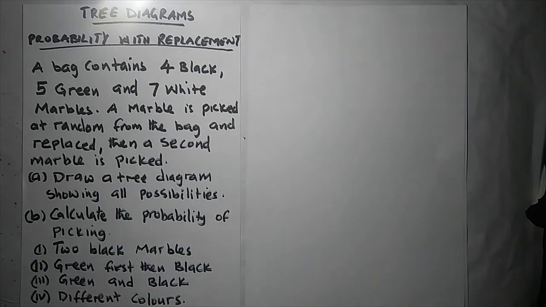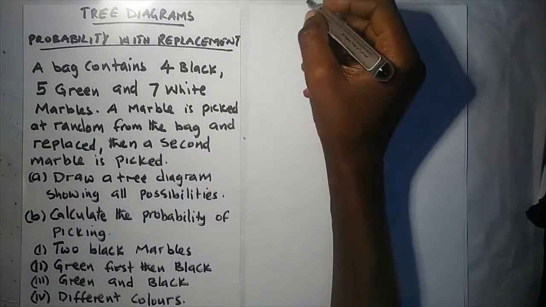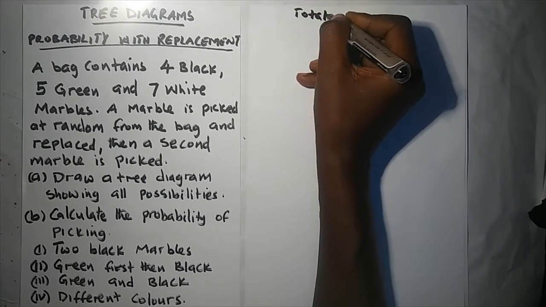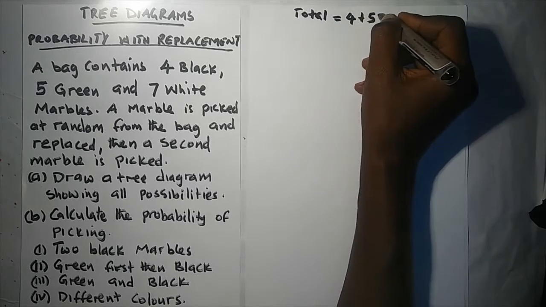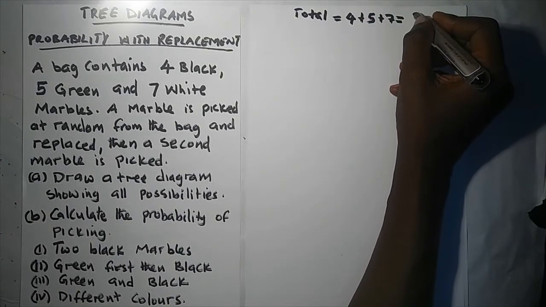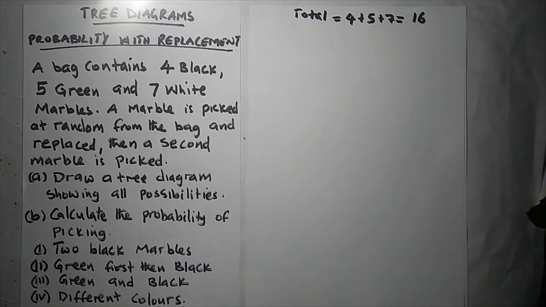The first thing I'm going to do is write the probabilities of picking each of these colors. Number one, you need to know the total number of marbles. The total will be equal to 4 plus 5 plus 7, which gives us 16.